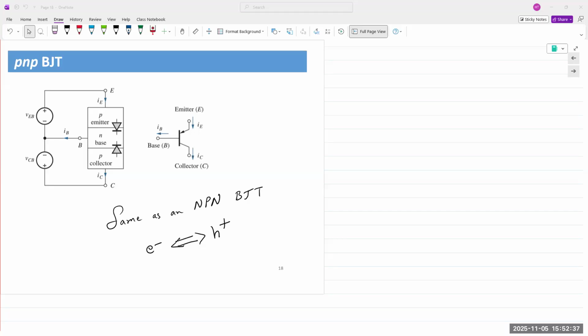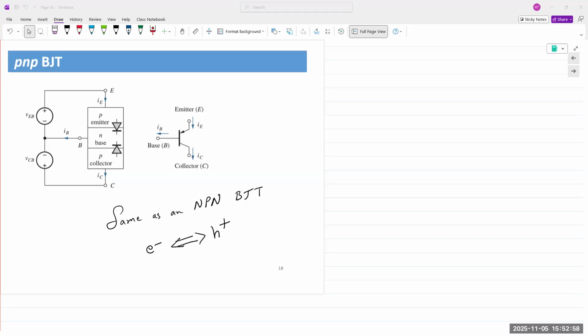So the mobility for electrons is higher versus holes. When we compare these two devices, we are saying that the dimensions and the design of the device are exactly the same. The doping profile is also exactly the same. That's when we can compare.